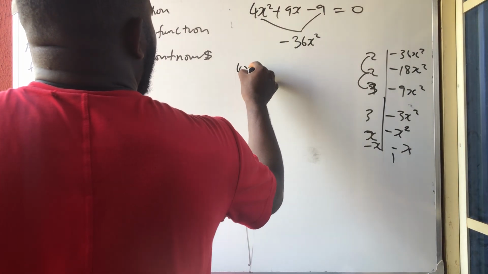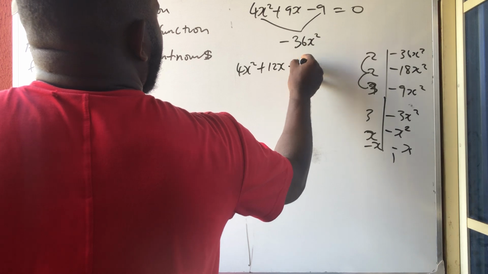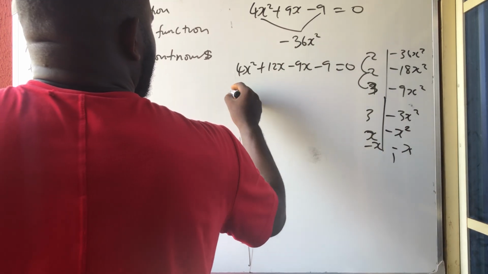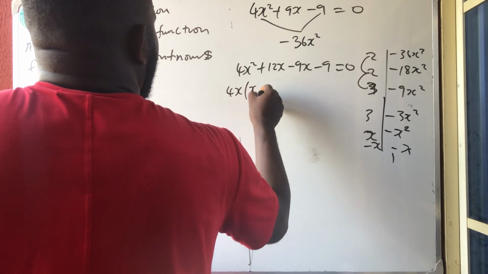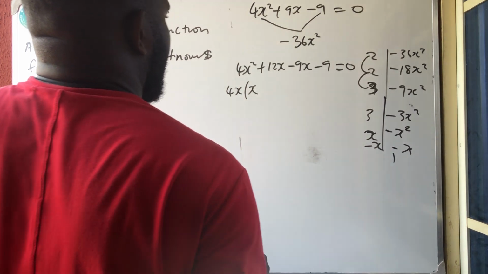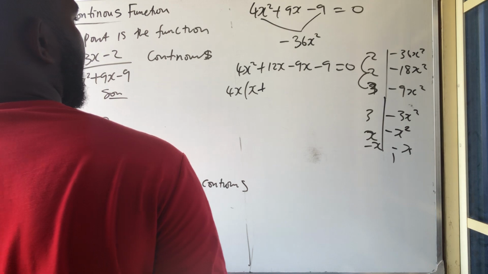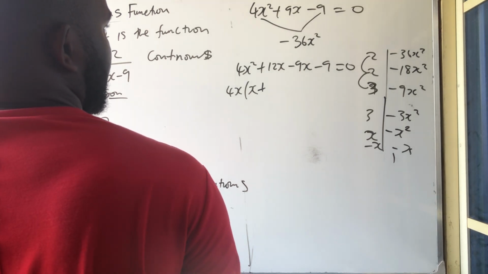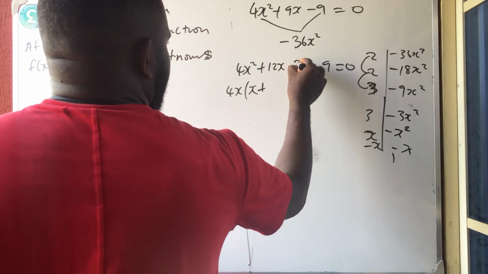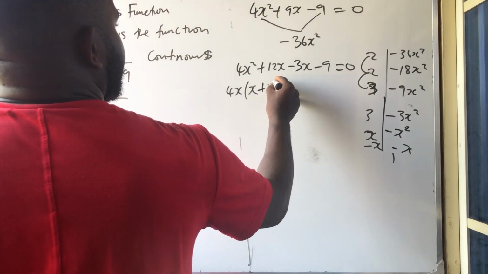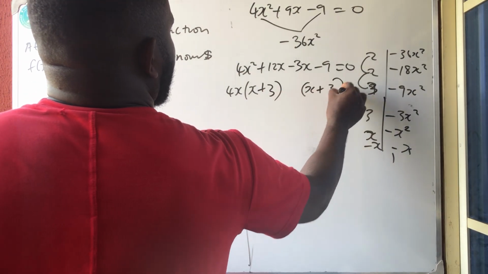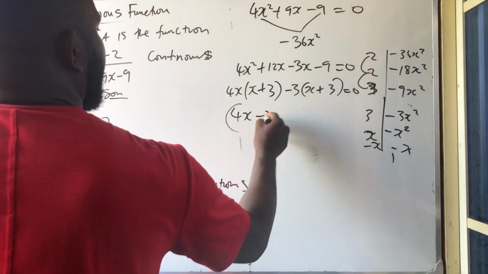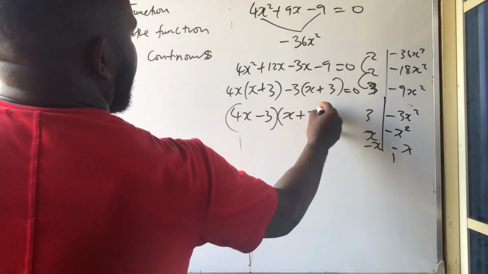So I'm having 4x² + 12x − 3x − 9 equals 0. So I'm having 4x(x + 3) − 3(x + 3) is 0. So I'm having (4x − 3)(x + 3) is 0.